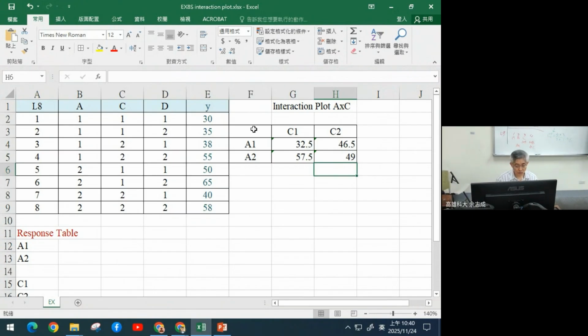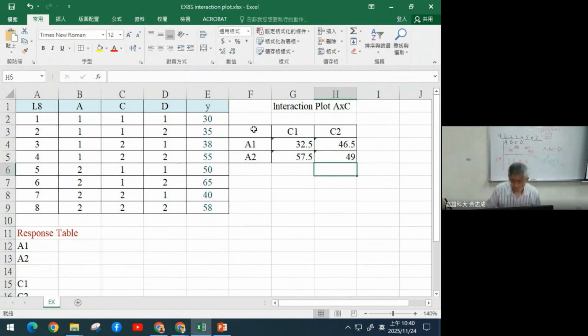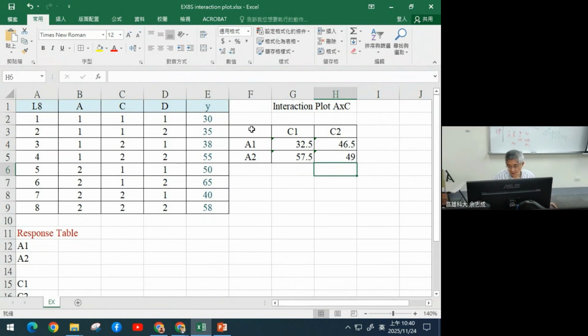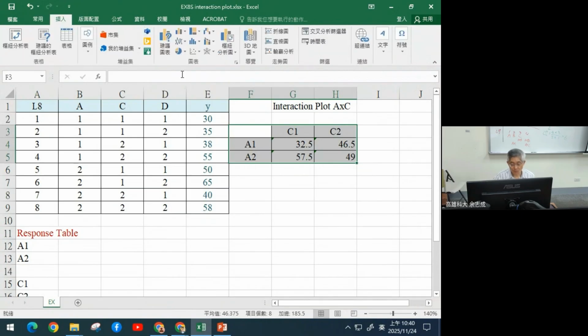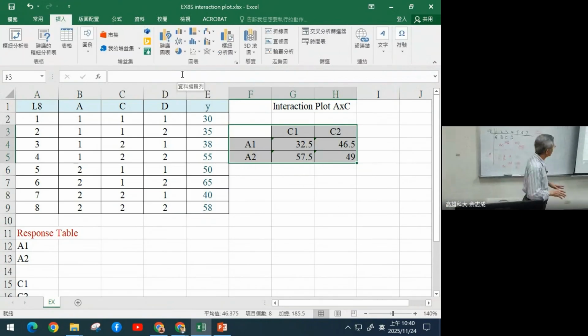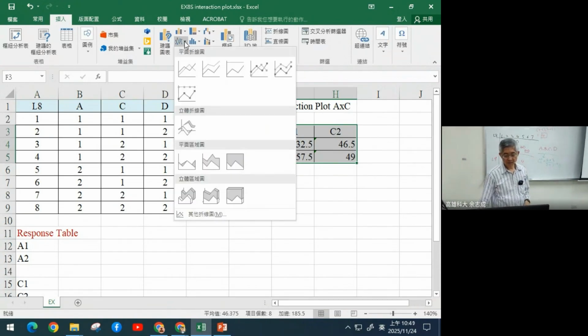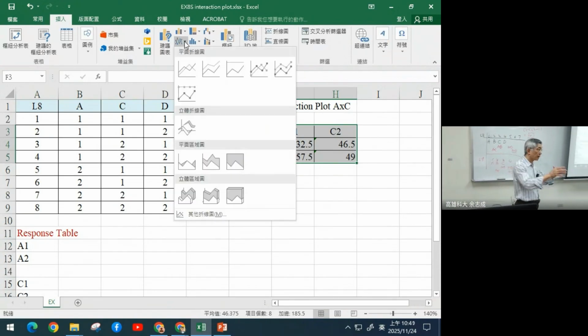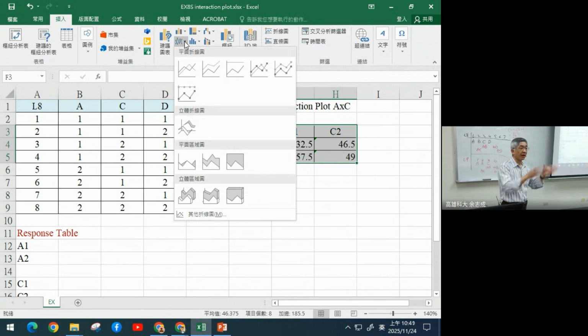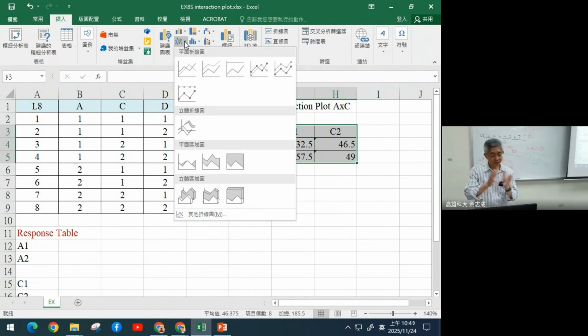Then we can start to draw the AC interaction plot. It's very easy. Select the whole table, then insert. Remember, we should select this line plot, this one, because A1, A2 are not continuous numbers. They are factorial factors already. So they are factor 1, factor 2.